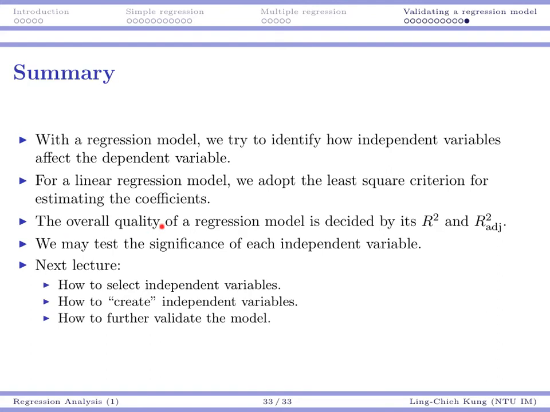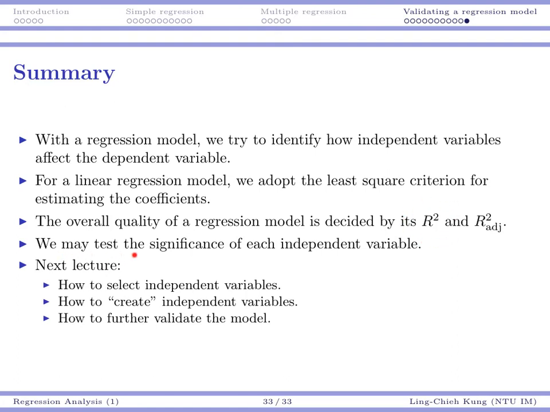The overall quality is described by R square and adjusted R square. Adjusted R square is used for comparing multiple models. But if you are talking about what percentage of the dependent variable can be explained by those independent variables, then it's R square.